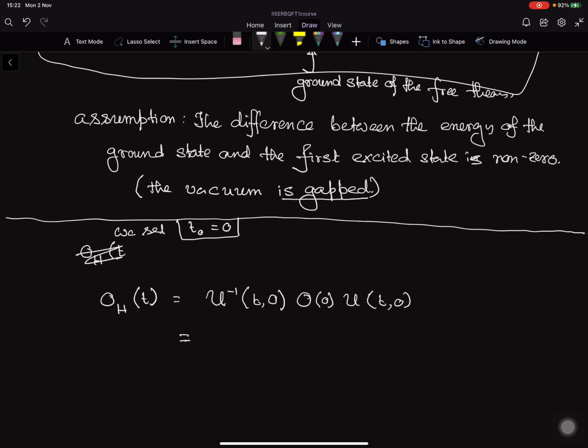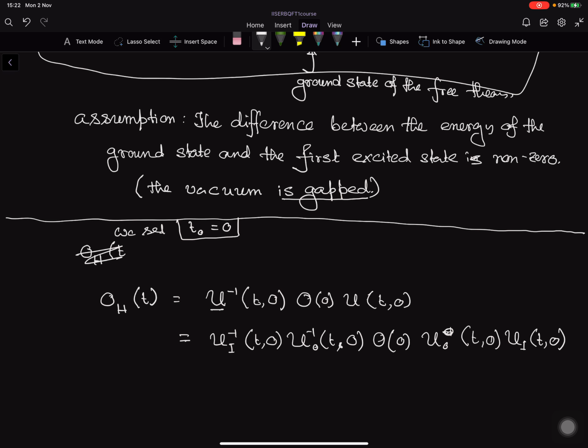But then using the decomposed form of U, the full time evolution operator, this can be written as U_I inverse (t, 0) U0 inverse (t, 0) O0 U0 (t, 0) U_I (t, 0).